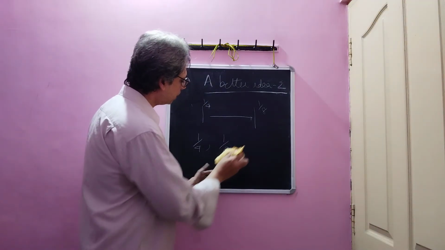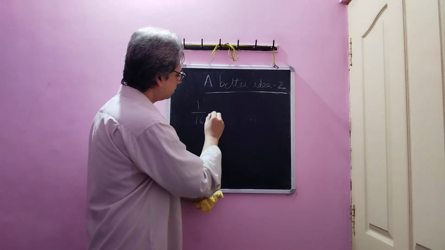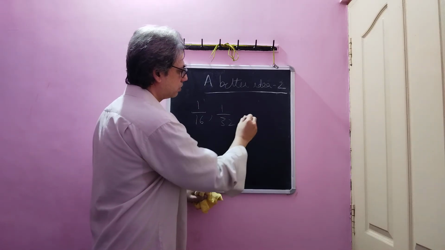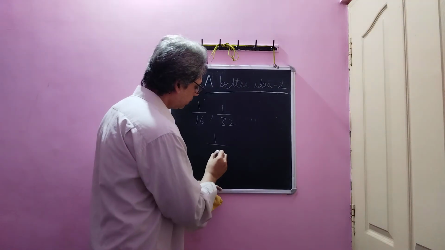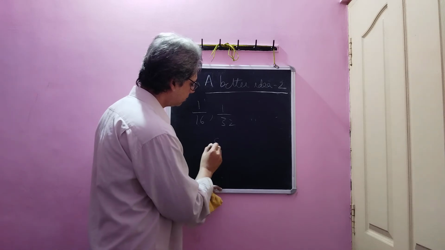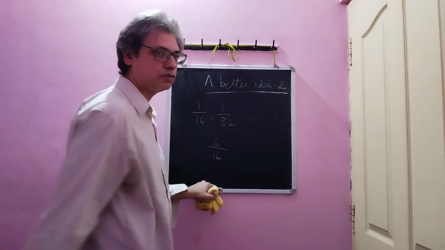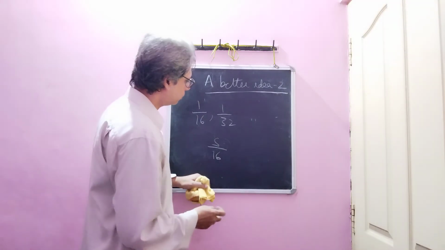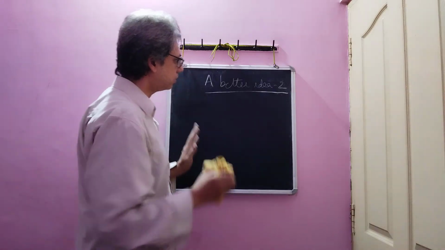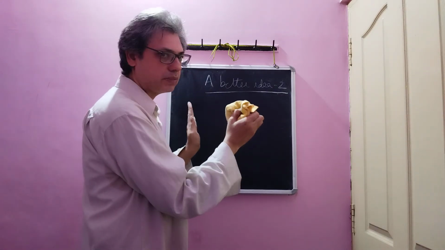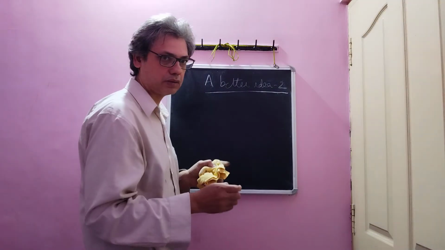So the sequence of values involved will be 1 by 16, 1 by 32 and so on. The smallest value that you will be adding will be s by 16 to the smallest of these, 1 by 16 into 2 power n minus 1 and so on. Again, we must bear that in mind, so that a byte, or at least n bits, more than one bit, is accommodated between one bit, between two.